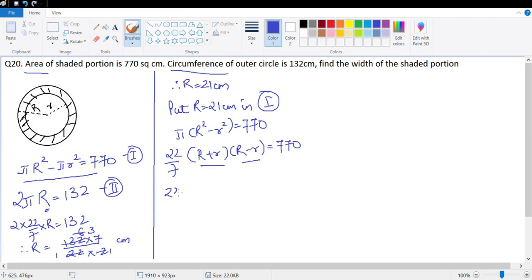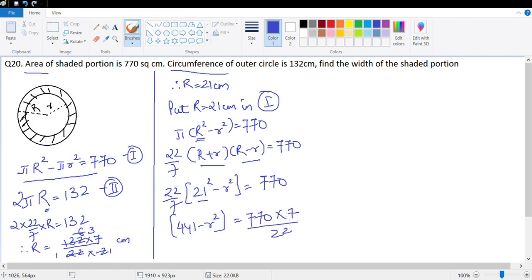So this is 22 by 7, R square is 21 square minus small r square is equal to 770. 21 square, that's 441 minus r square would be equal to 770 into 7 upon 22. Doing cross multiplication, this is 11 into 2 and this is 11 into 7, 70. So this is 490 upon 2, which is 245.